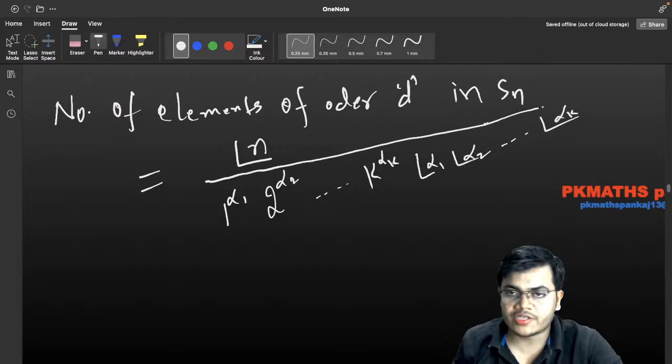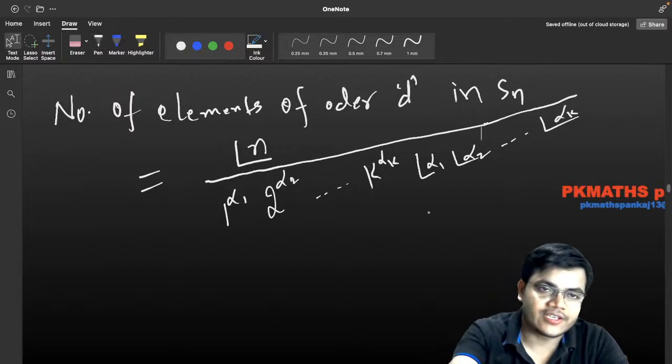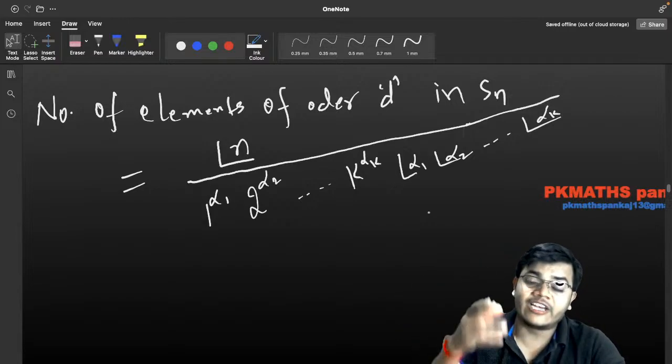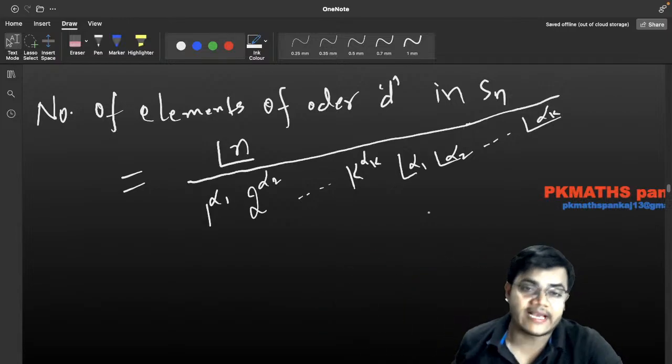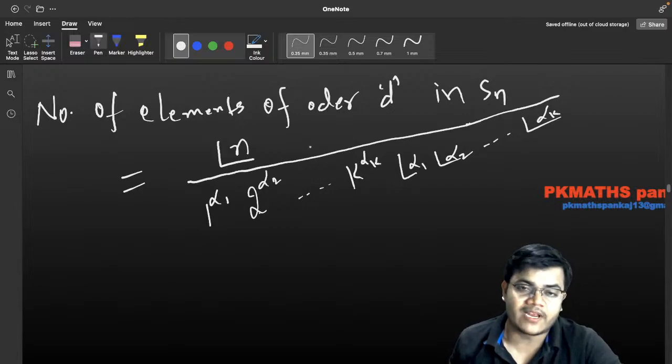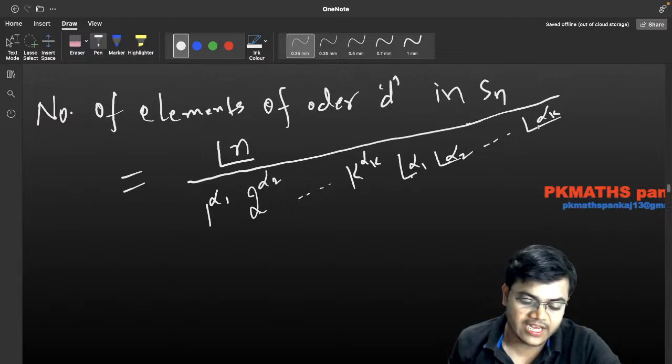But now the question is, what are these things? If you have to find the number of elements of order D in Sn, then the formula is factorial n over 1 to the power alpha 1 into 2 to the power alpha 2 into 3 to the power alpha 3 into k to the power alpha k, and thereafter factorial alpha 1, factorial alpha 2, factorial alpha k.